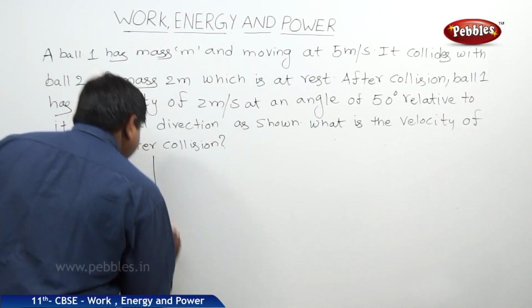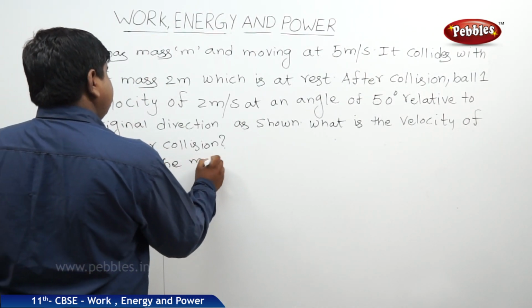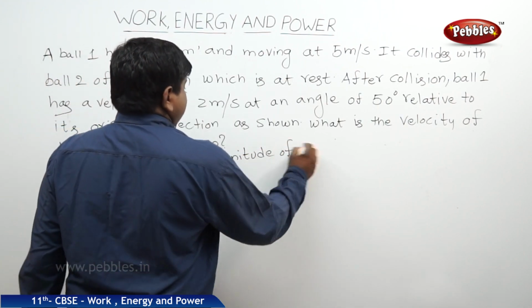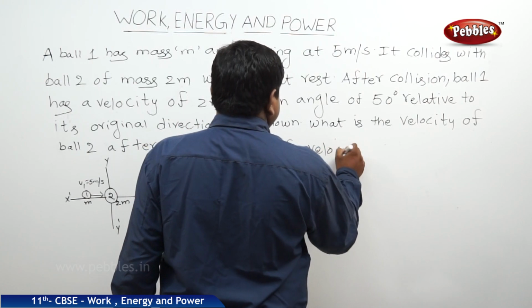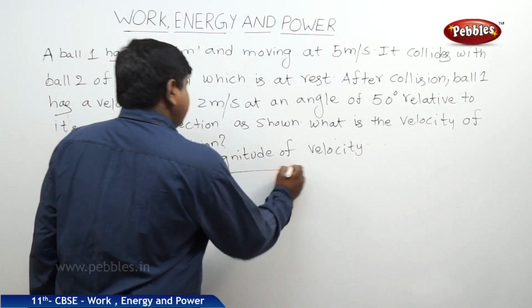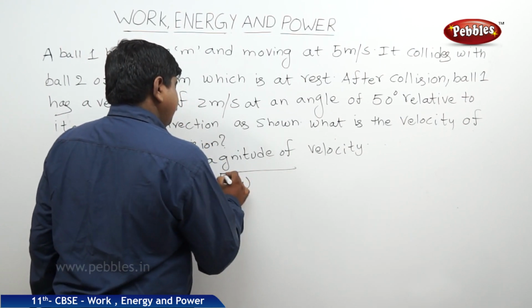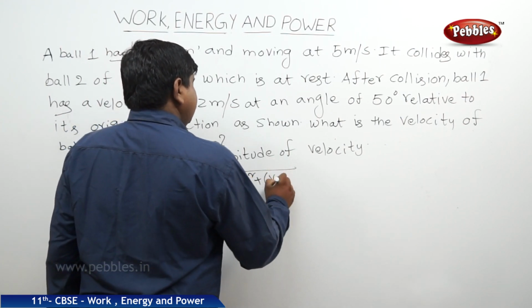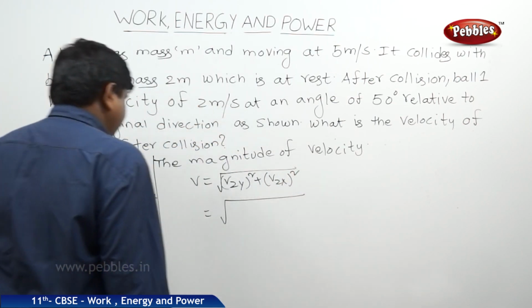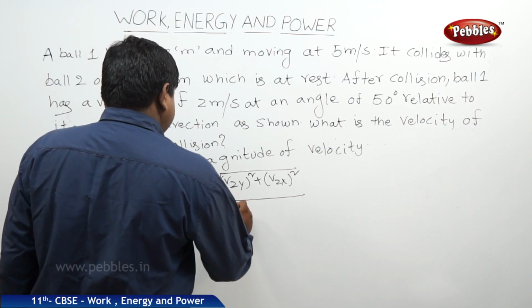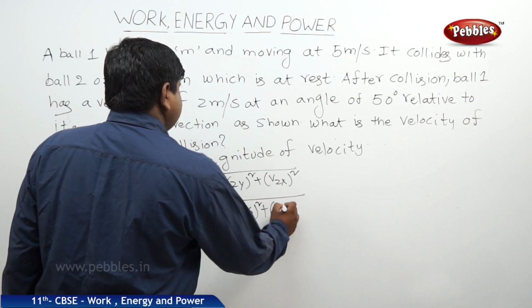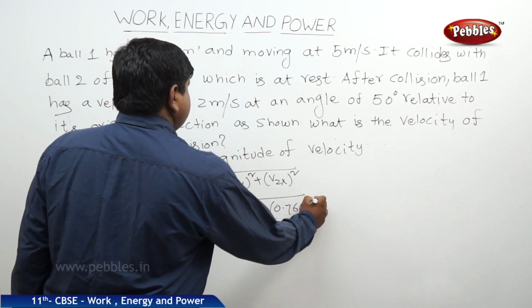So the magnitude of velocity v is equal to square root of 1.86 whole square plus minus 0.766 whole square.